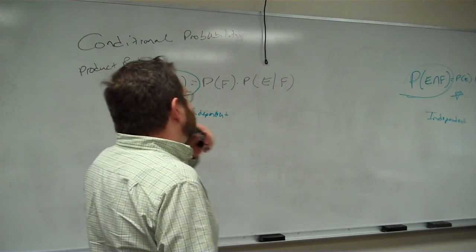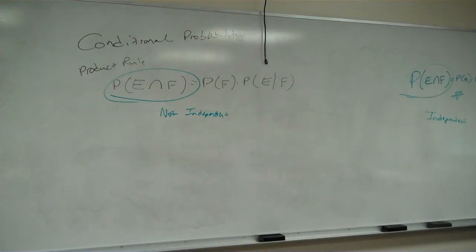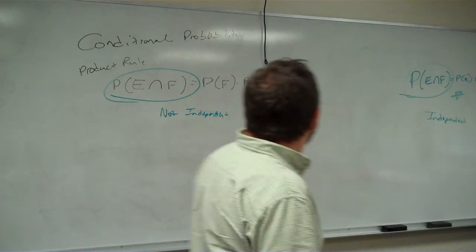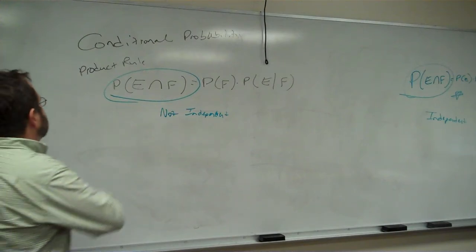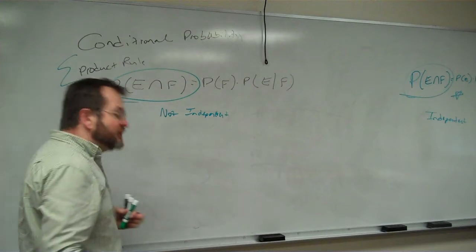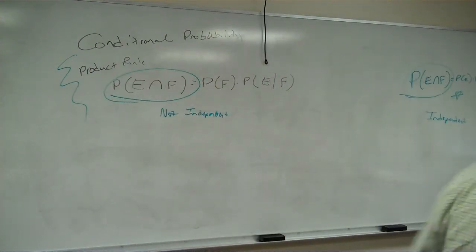But here's the deal. Sometimes it's hard, especially for students, to think through, are things independent or not? And it looks like a trap here, that you are looking at two different things and saying, well, wait a minute, how do I know which formula to use if I'm not sure? And I'm going to tell you the answer. When in doubt, use this one. If you're not sure if the two events are independent, use this one. And here's why.